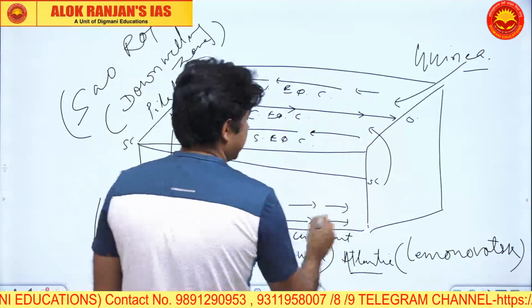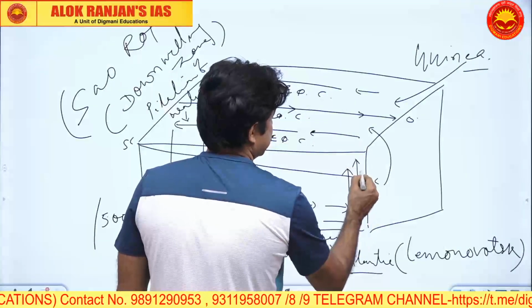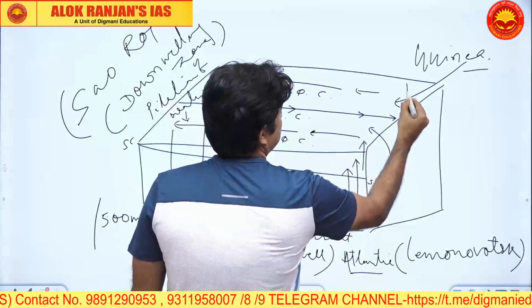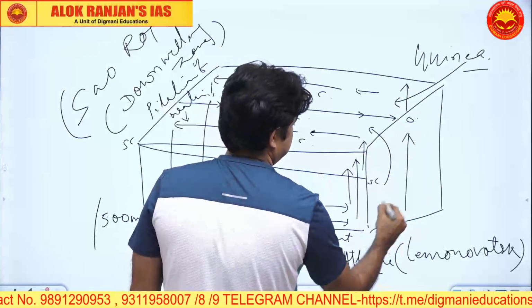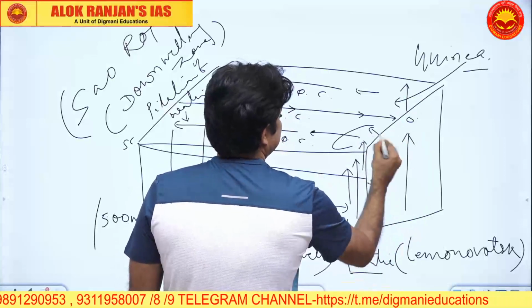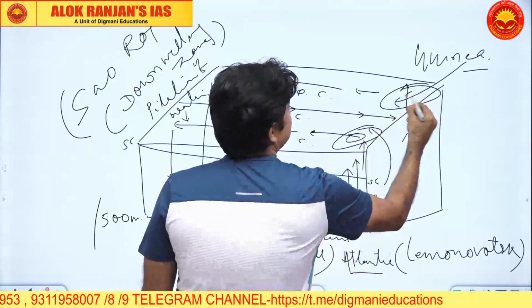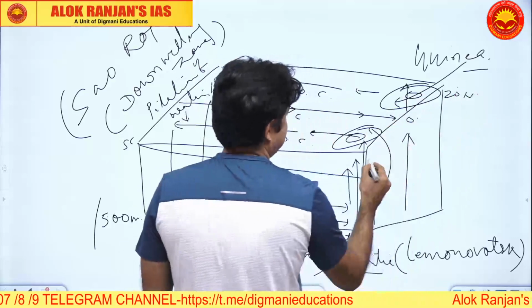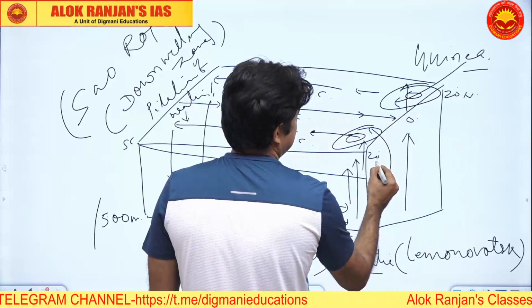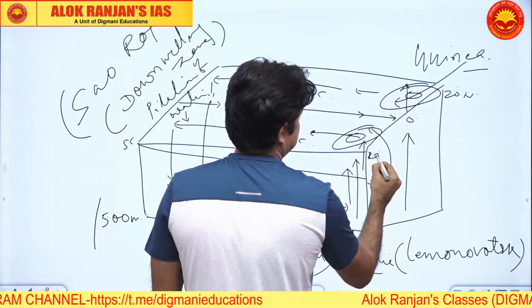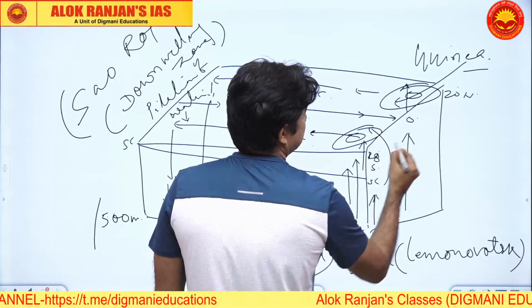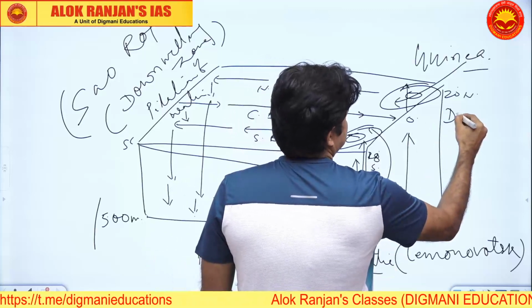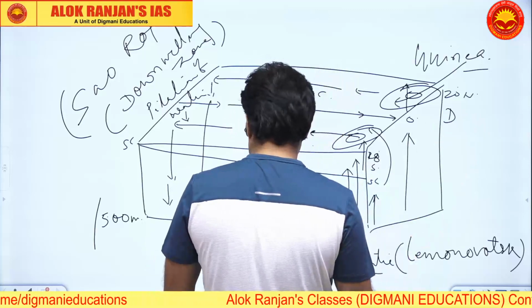And as the current returns back, obviously it has to move up. These currents are moving up from below. And here also near 20 degree north roughly and 20 or 15 degree or 18 degree south, we have the upwelling zone.